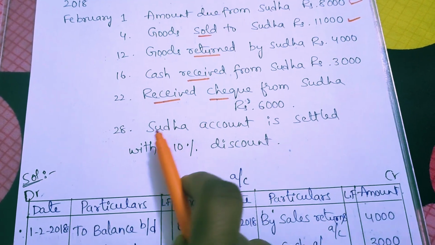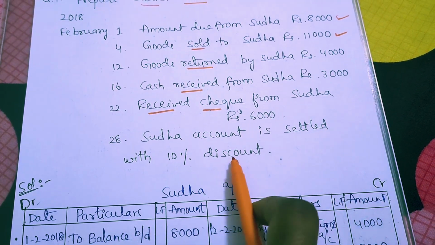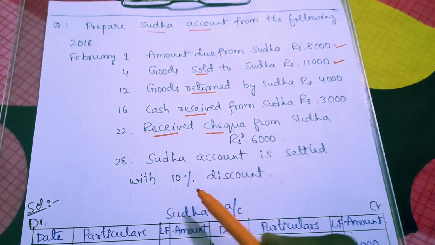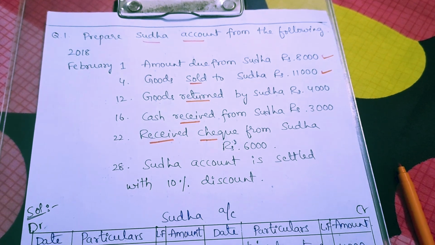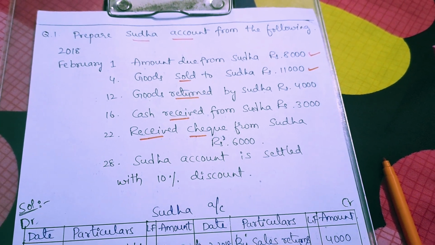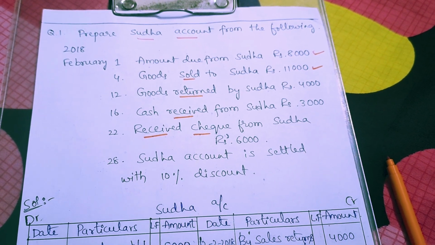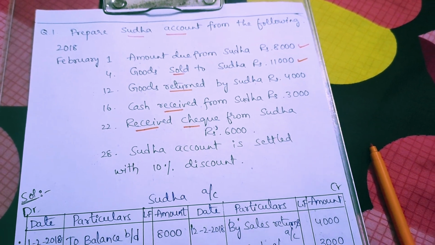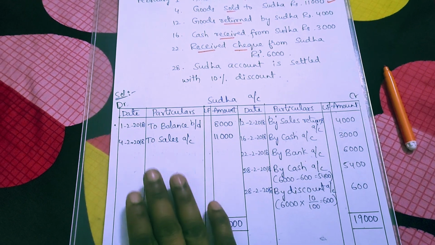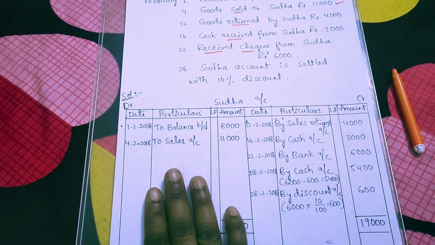Next one. Sudha account is settled with 10% discount. If this were not given, we would have to balance the account and write by balance carried on. Wherever we get less amount on any side, suppose the debit side has less amount, we should write to balance brought down here.